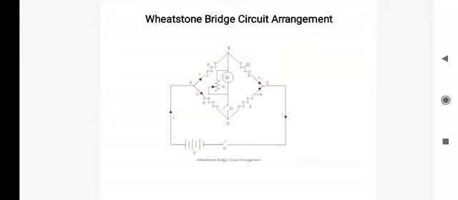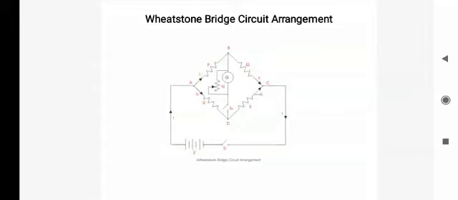The circuits are built with two known resistors, one unknown resistor and one variable resistor, and they are connected in the form of a bridge. So when we adjust the variable resistor, the current in the galvanometer becomes 0.